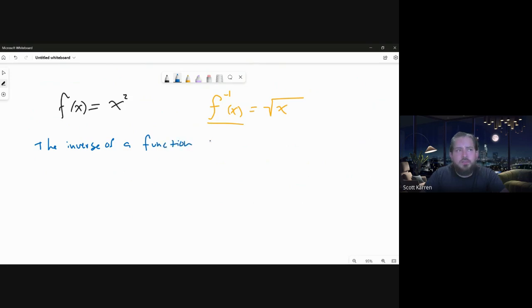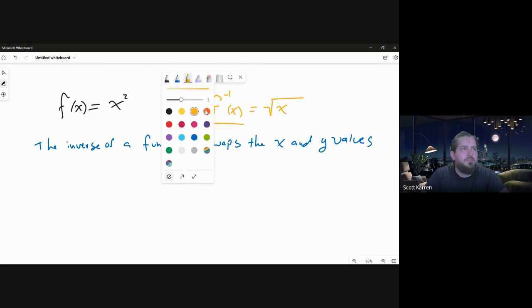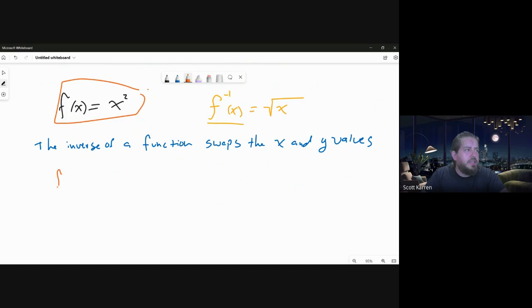Or we could simply say that the inverse function can also be said to swap the x and y values. So for example, in this function, x squared, f of 2 is 2 squared, which is 4. F inverse of 4 is the square root of 4, which is 2.